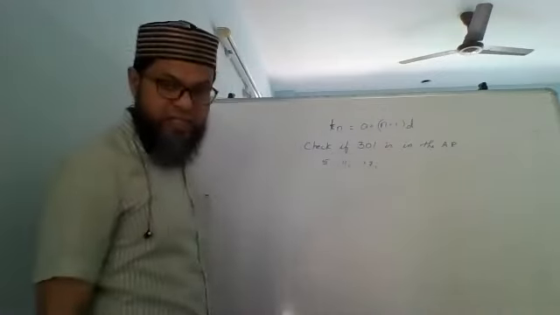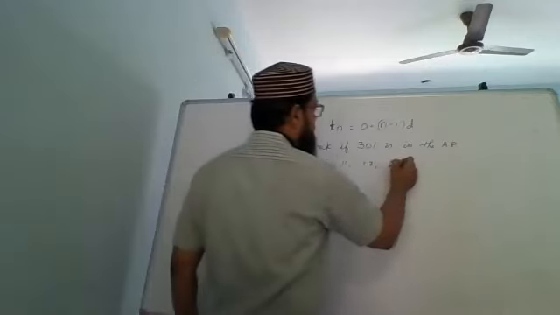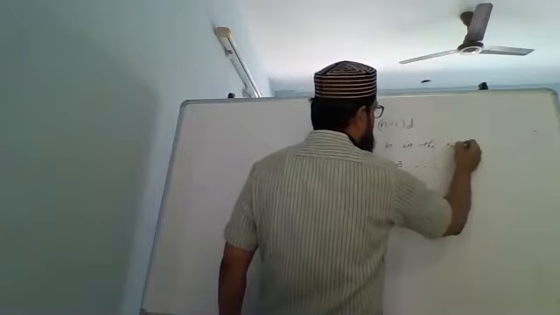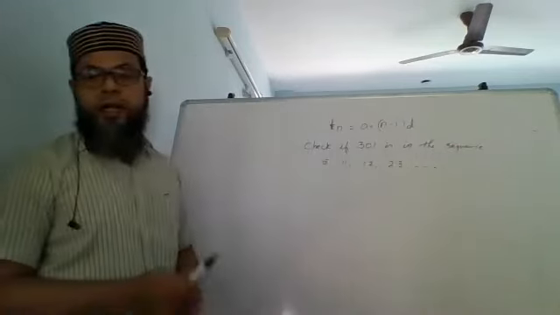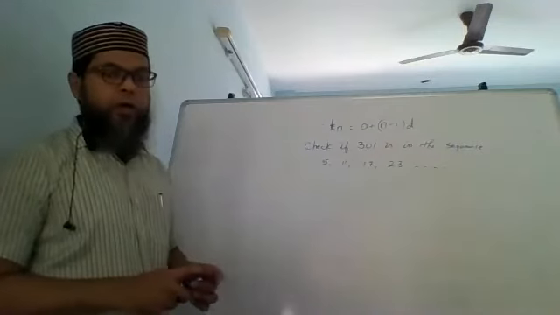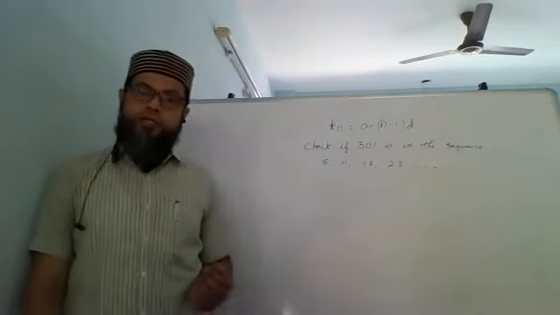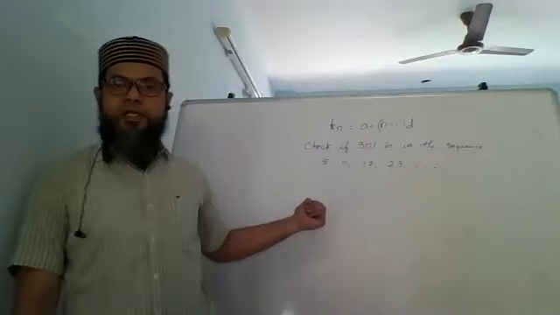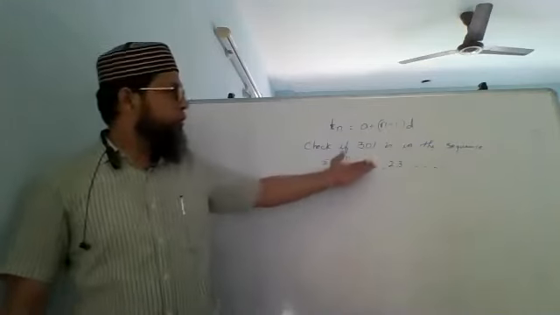The sequence is 5, 11, 17, 23. Check if 301 is in the sequence or not. Now, how are you going to check this?